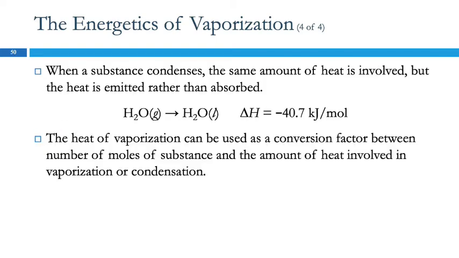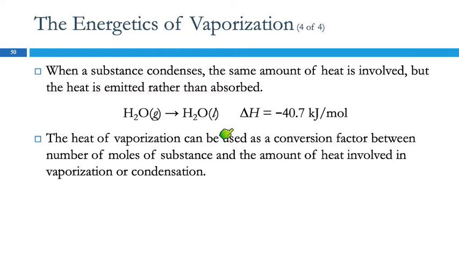So when a substance condenses, that's the opposite of vaporization. There's an energy change. We can't make or destroy energy just by doing the same thing back and forth. The energy that's released is the same amount per mole as the energy absorbed.